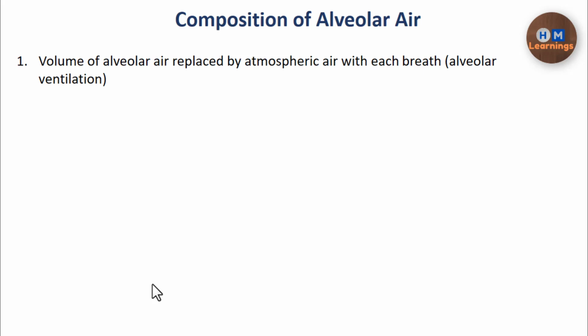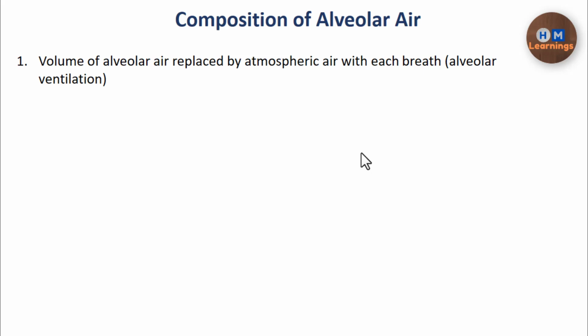that the volume of air entering the alveoli is very small compared to the volume of air which is already there in the lungs. We know that the absorption of oxygen and the production of carbon dioxide, basically the exchange of gases across the lungs, is a continuous process.